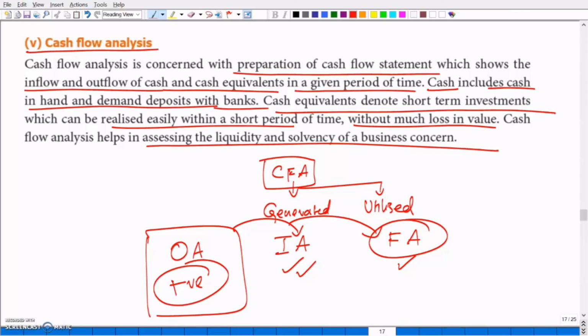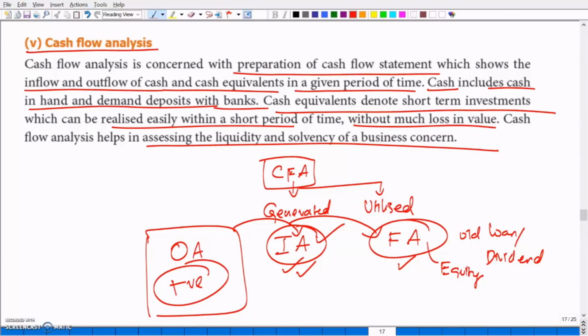So understand, if you are generating cash from operating activity and partly using it for investment activity and partly for financing activity, let's say for repaying old loans or paying dividends, it is good. Similarly, if you are raising money from financing activity, let's say from owners in the form of equity, and using it for investment purposes, that is also good.